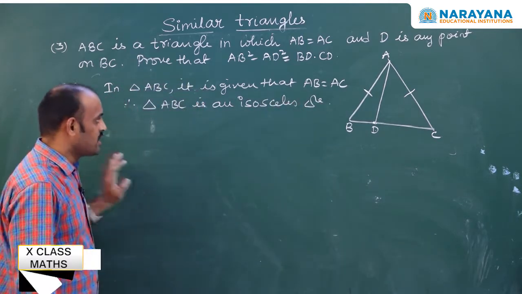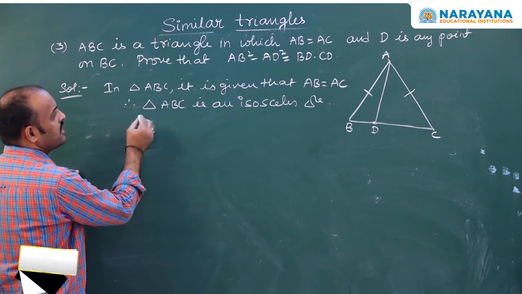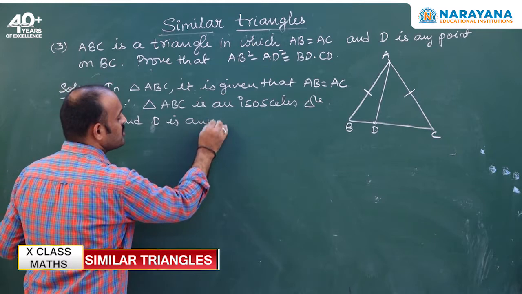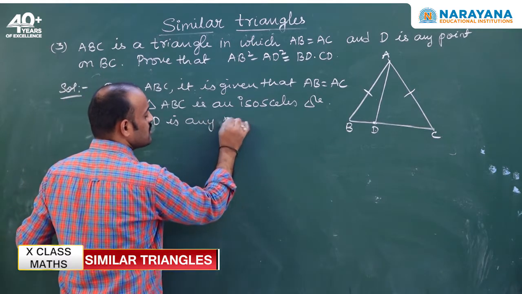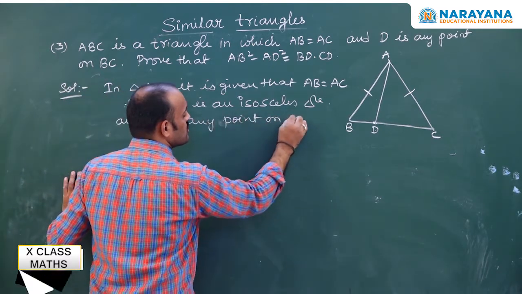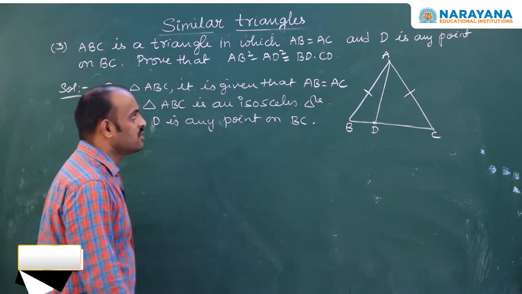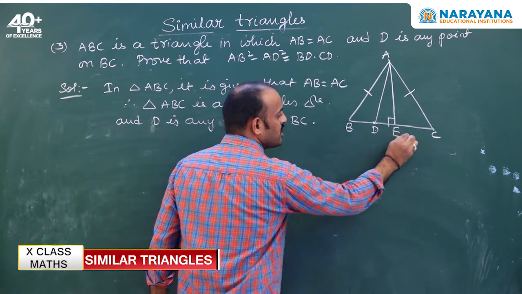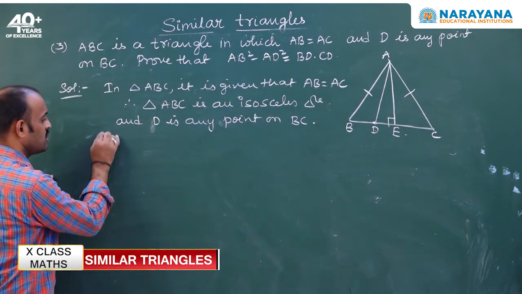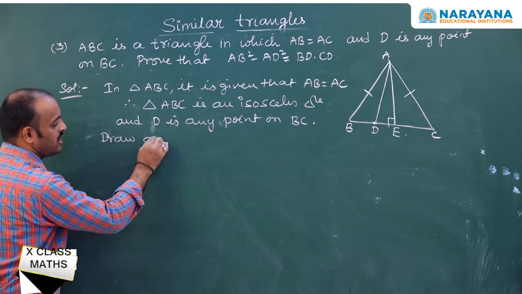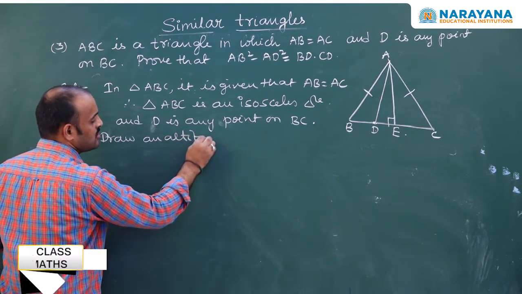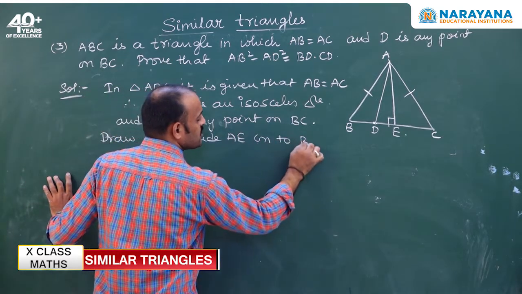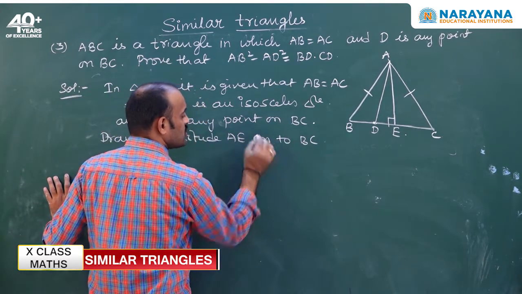And D is any point on BC. Now draw an altitude AE onto BC.